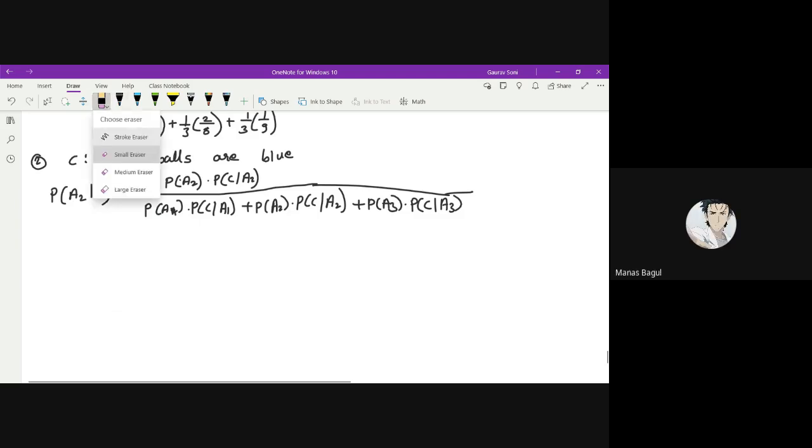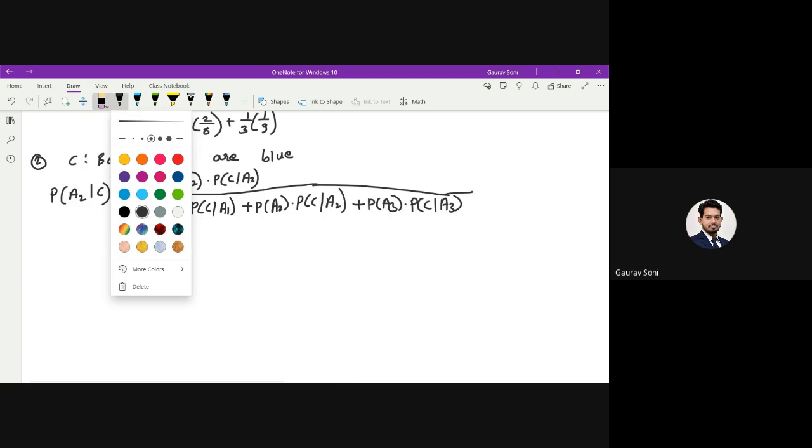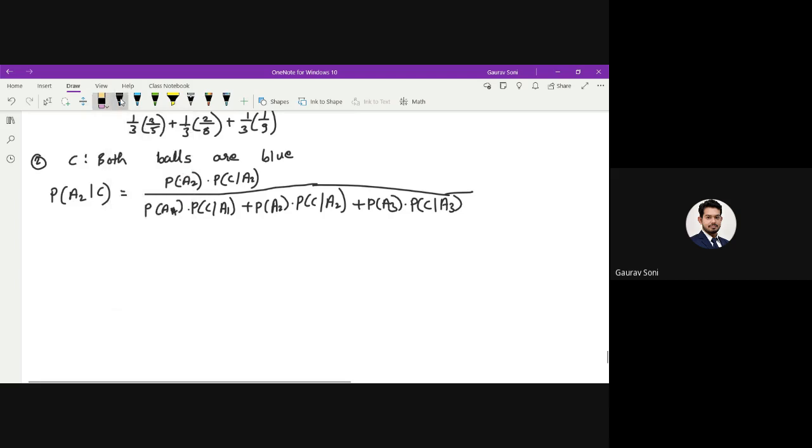So for the last bag, there's only one blue ball. Yes, the probability will be 0. There is no way you can choose two balls.